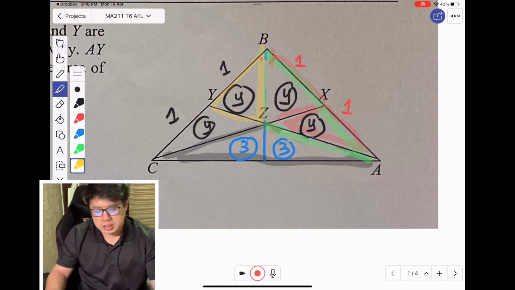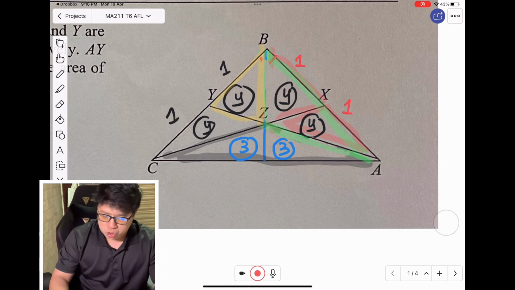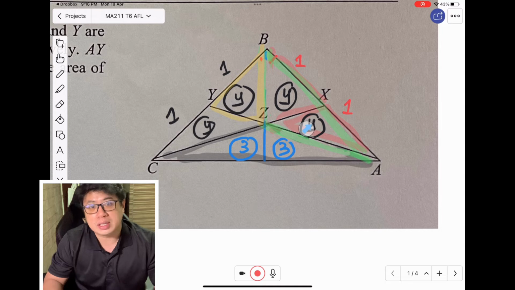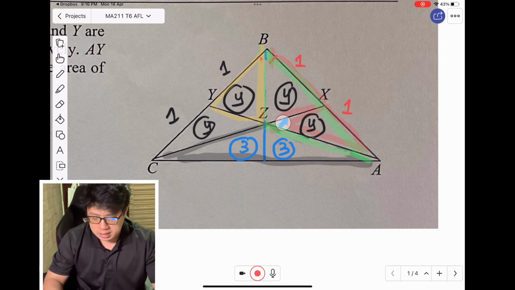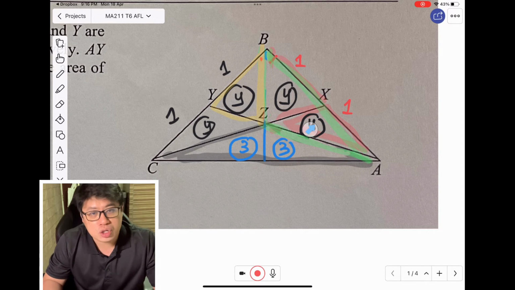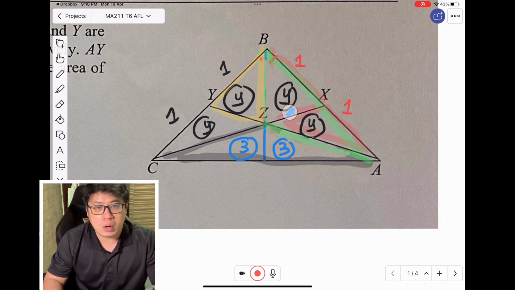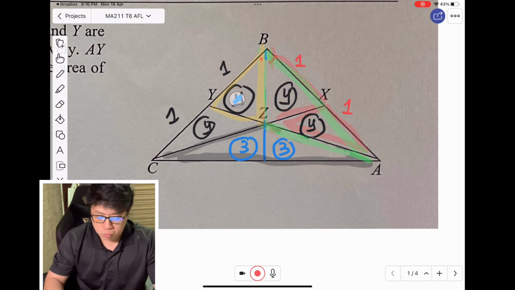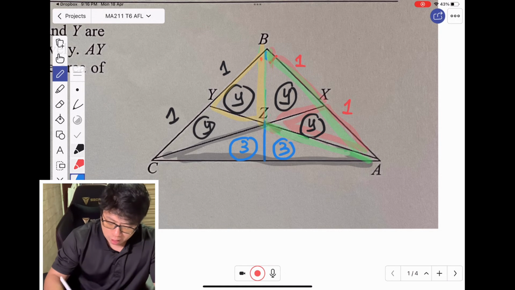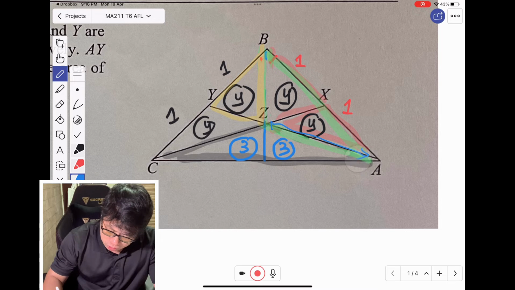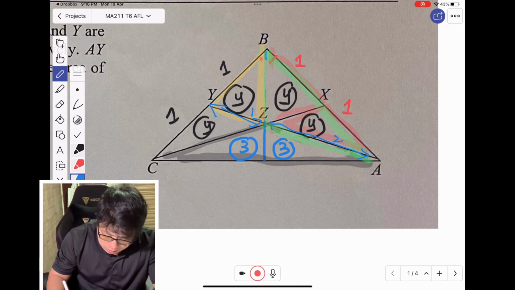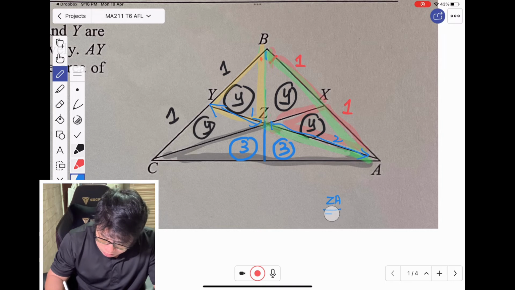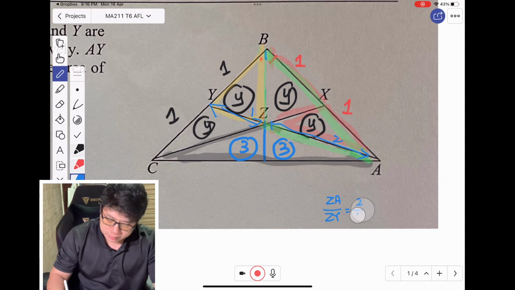You can see that the green and the yellow triangles are triangles of the same height. And for triangles of the same height, their area ratio is just the ratio of the base. Here you can see the area ratio, green to yellow, is 2:1. It's also telling me that ZA is 2 units and YZ is 1 unit. That means ZA over ZY is 2/1.